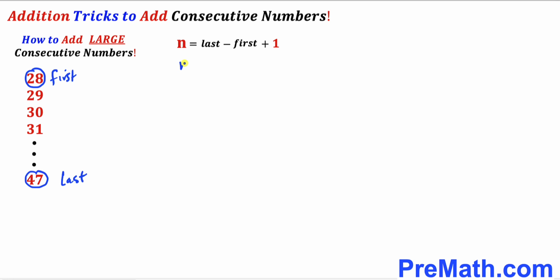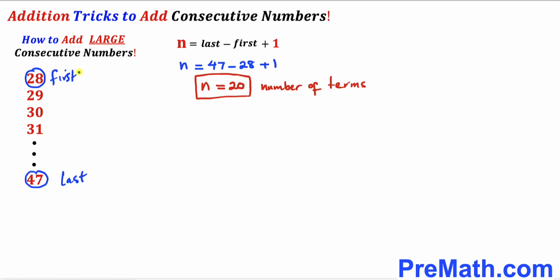So n is equal to 47 minus 28, and then we add 1 to it. We know 47 minus 28 is 19, and then adding 1 gives us 20. So there are 20 terms.